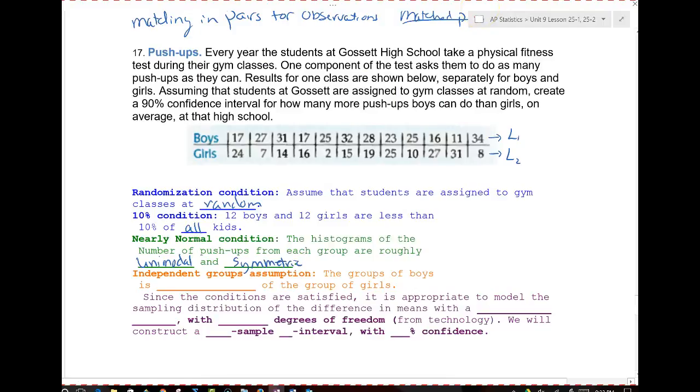Let me give you a rough idea of what that would look like. Let's say here we have guys and girls. I think we're going to let 5 be the top number of our frequency here, and this would be the number of them. Then we have our girls list here, with the number of push-ups.